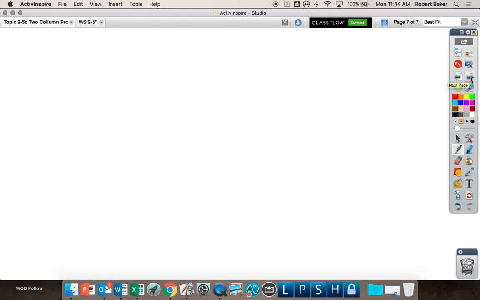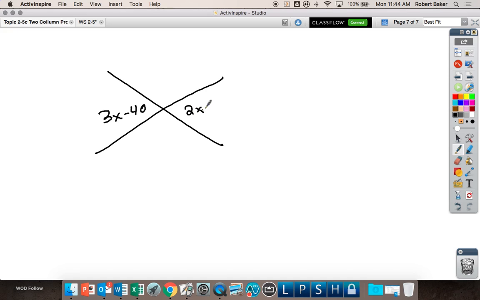So if you look at your assignment, what is the first thing that we did in class today? Proved vertical angles are congruent.